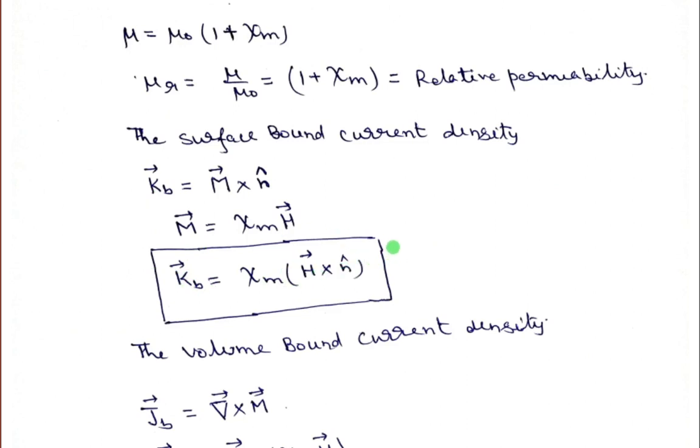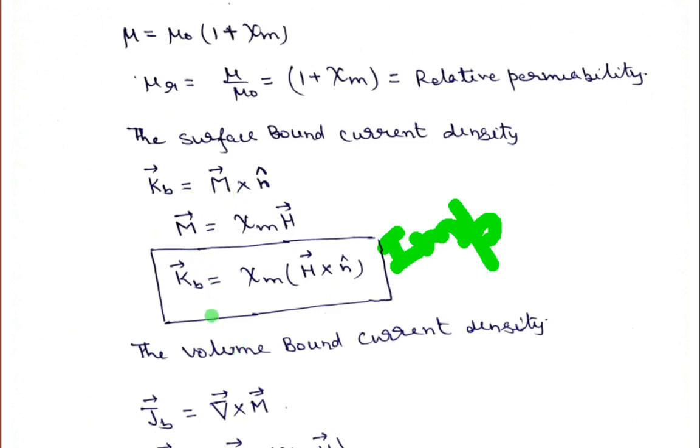So this is an important equation. The surface bound current density within a medium, that is a magnetic material, can be written as chi m in bracket H vector cross product with n vector. Earlier I defined the surface bound current density in terms of magnetization.